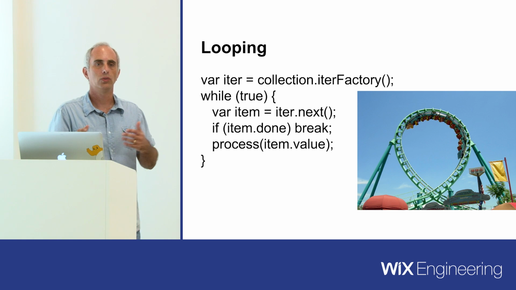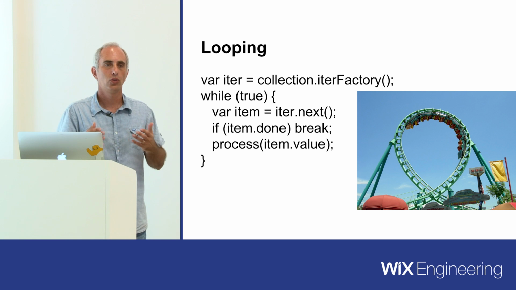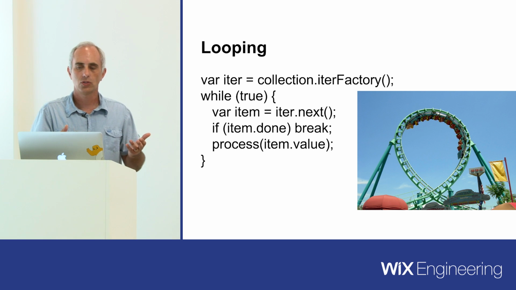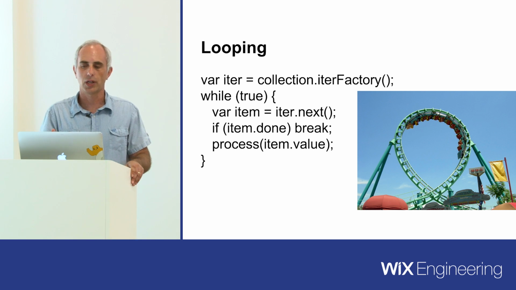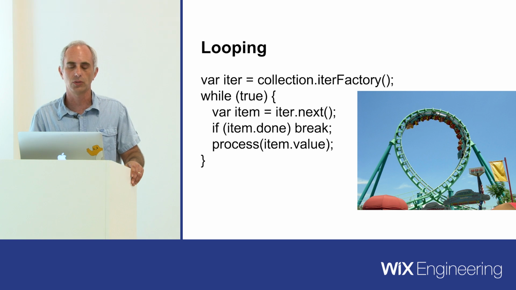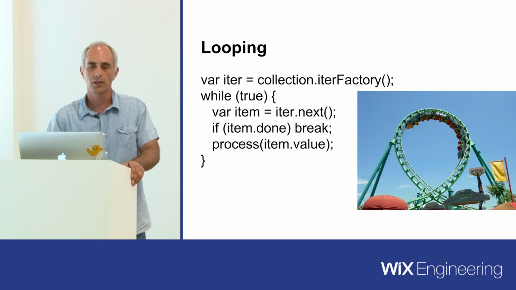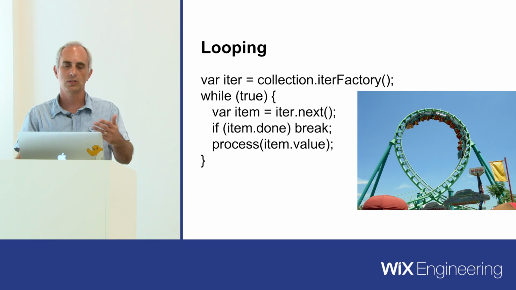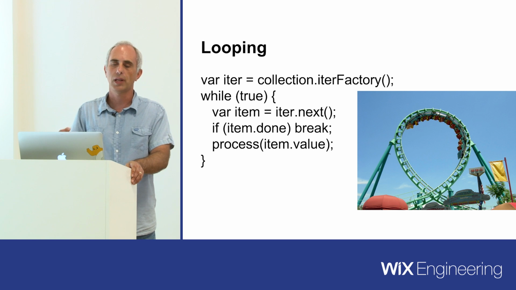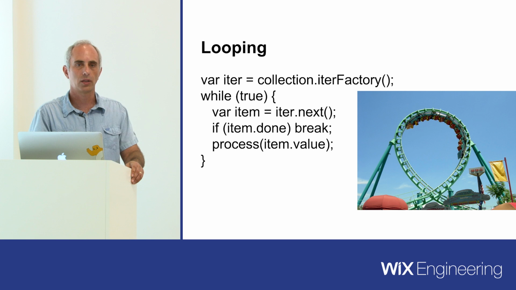So how would you then loop or iterate using an object like that? We can see here that we're taking a collection. We're using iterator factory to get an iterator from it. Then we've got a loop that seems to loop forever. But as we can see in a minute, we actually break out of it. We use next to get the next item.